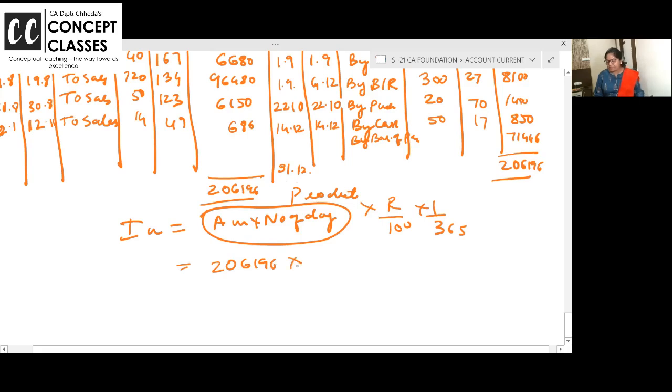Product is ready. Rate of interest is given to you as 5%, into 1 by 365. Not on total, sorry, balance of product. The 206196 is the debit side, then you have credit side. So net balance of product is 71446.